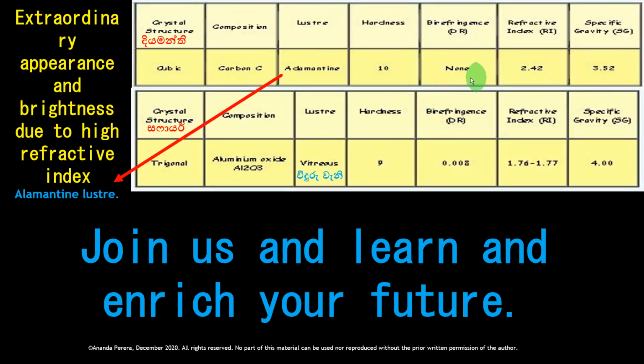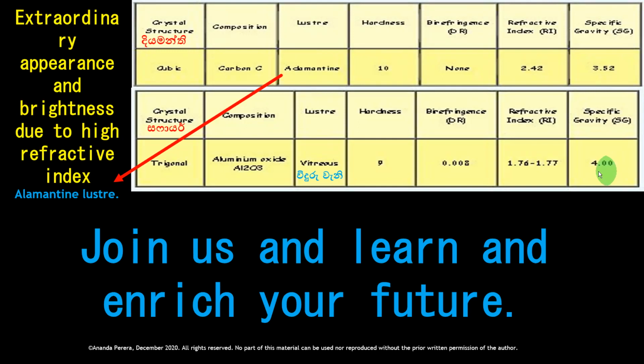Birefringence none, but birefringence there 0.008 because it is double refractive. This is single refractive. That's why none. RI is 2.42. See the RI 1.76 up to 77. Big difference. Specific gravity is 3.52 in carbon, but the sapphire is higher, 4.0.